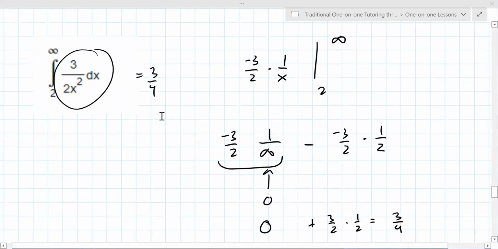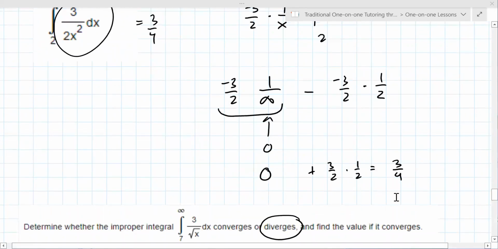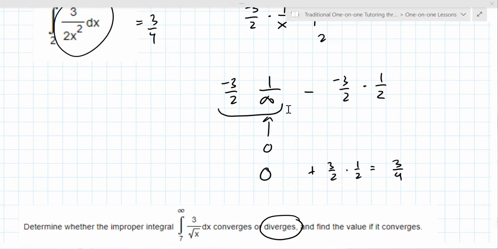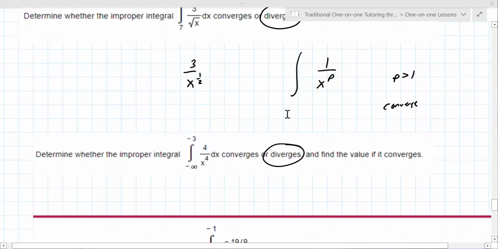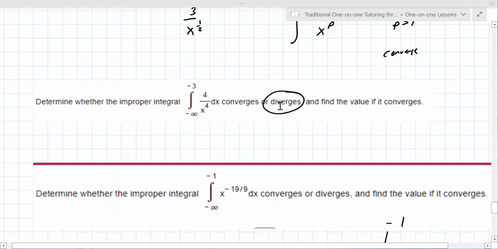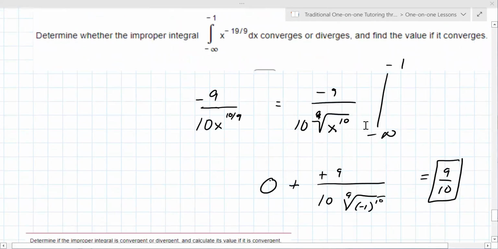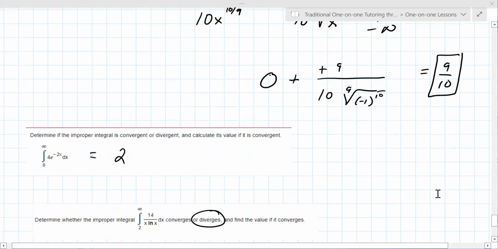Good. 15, good. It diverges. 17 also diverges. 18 is 9/10. 19 is 2.